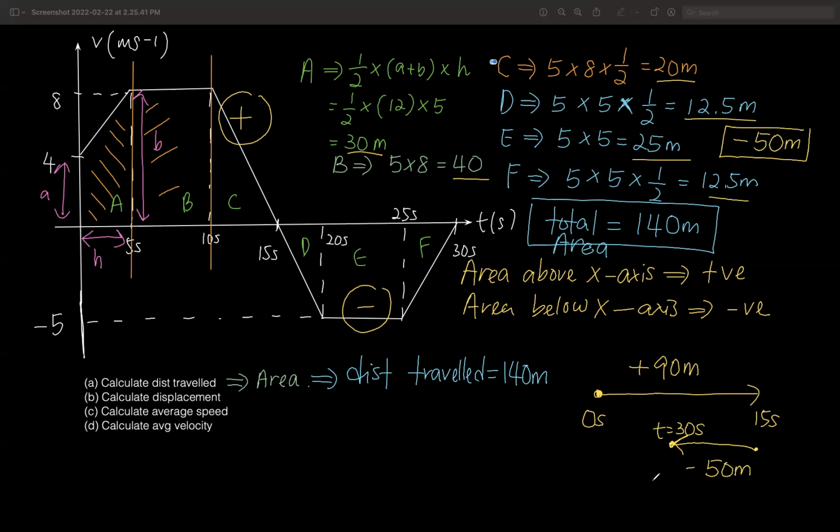You can see the velocity as well. If you look at the velocity axis, I mean the graph, starting from 15 second onward, all this is a negative value. That means velocity negative, it is moving backwards, starting from 15 second. You can see the graph goes to the negative region.